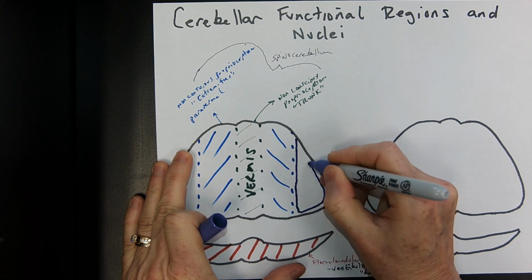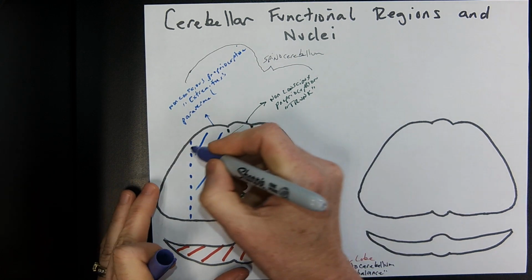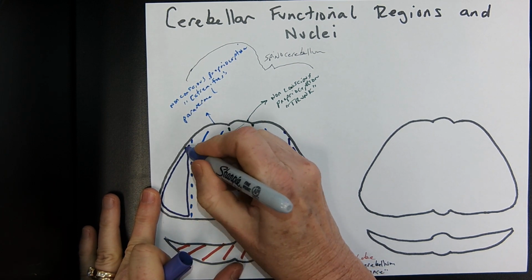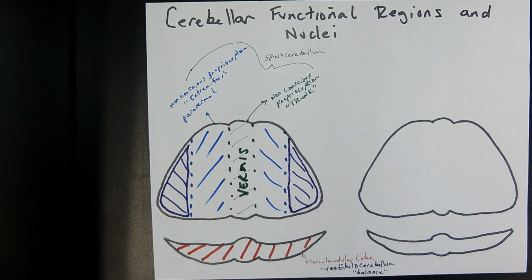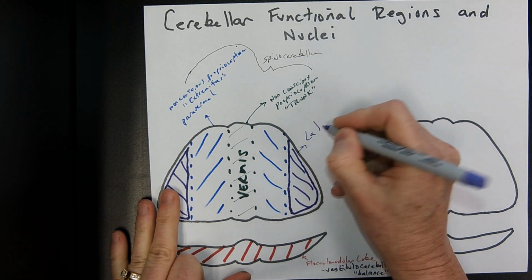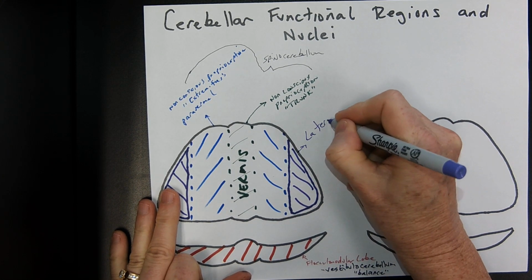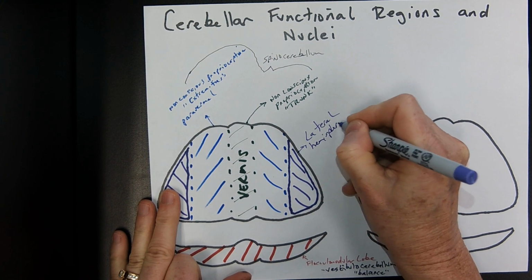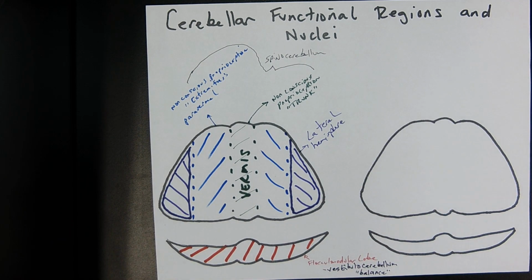The last region is on the outside. All this outer area. It's most lateral, and that most lateral region is known as your lateral hemispheres. Those are your lateral hemispheres.